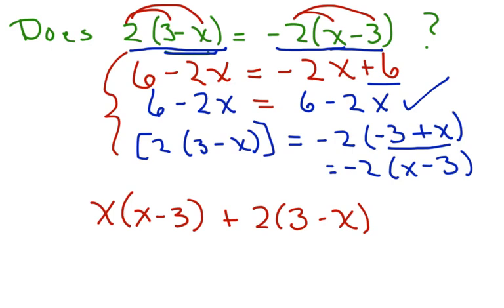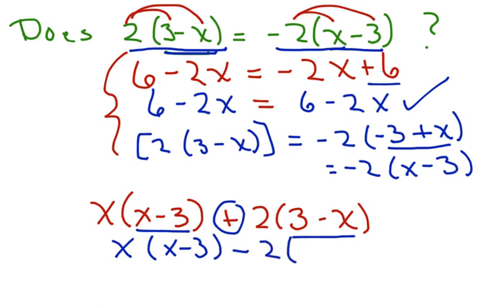We would just expect you to see something like this, where you see that these two are kind of just flip-flopped. And we're going to write this as x times x minus 3. And we're going to change this to a negative, and then just flip those.